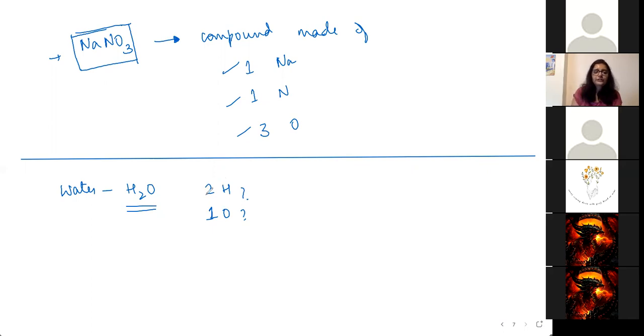Why not 3 hydrogen and 1 oxygen, or 1 hydrogen and 1 oxygen? Then it will be a different compound, that is true, but what is the reason behind 2 hydrogens combining with 1 oxygen?